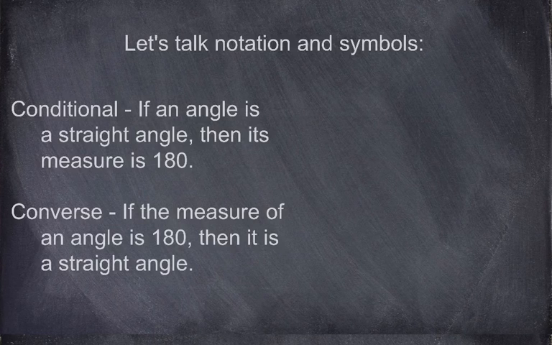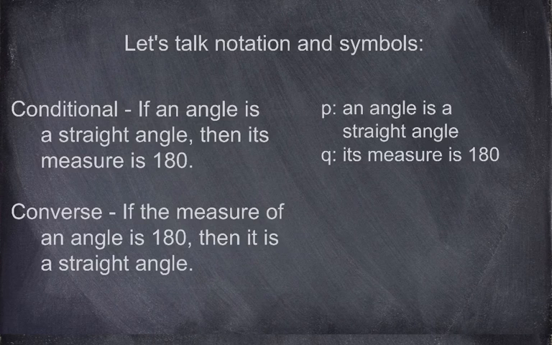Here it says, if an angle is a straight angle, then it measures 180. What we can say is that P is: an angle is a straight angle. Q: its measure is 180.